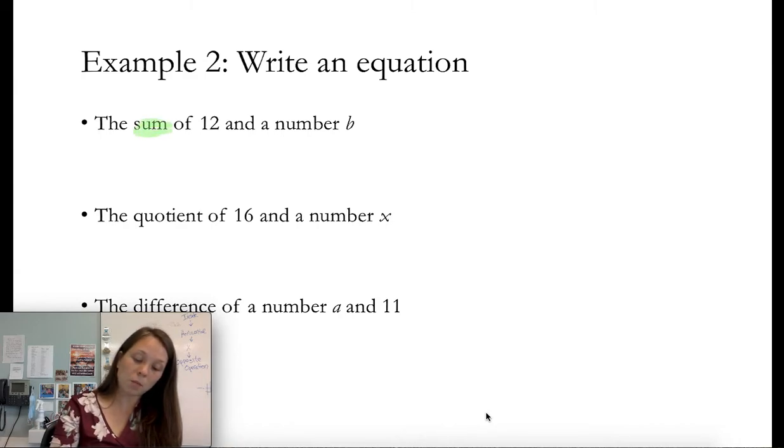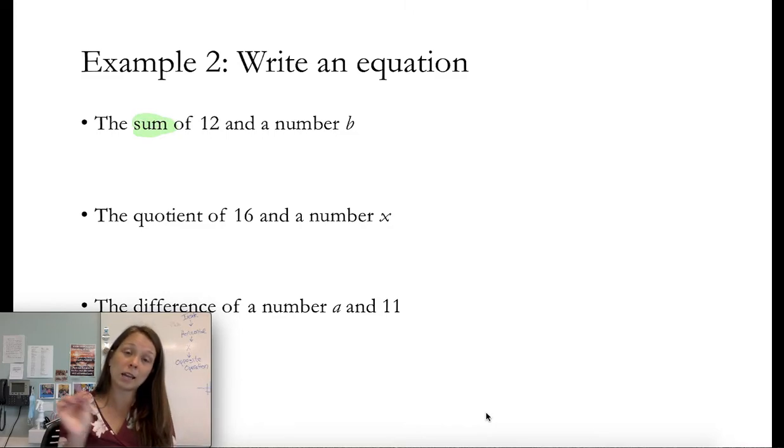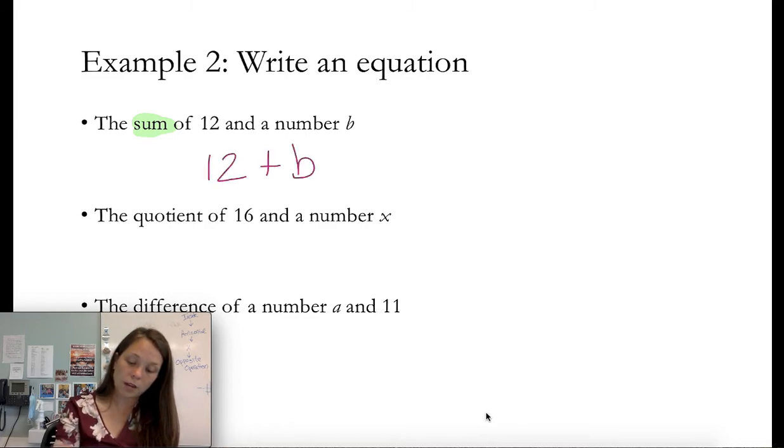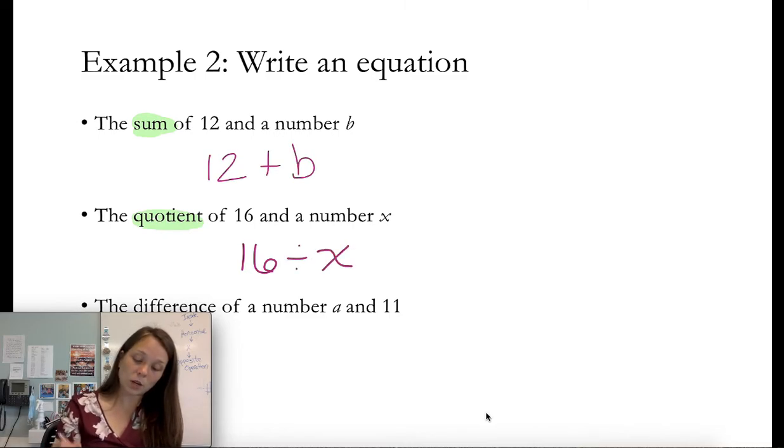So right off the bat, I'm recognizing that we're taking a sum, so I'm going to be using addition to connect these two pieces here. So 12 plus b. For the next one, it says the quotient, which is division of 16 and a number x. And the last one says the difference of a number a and 11.